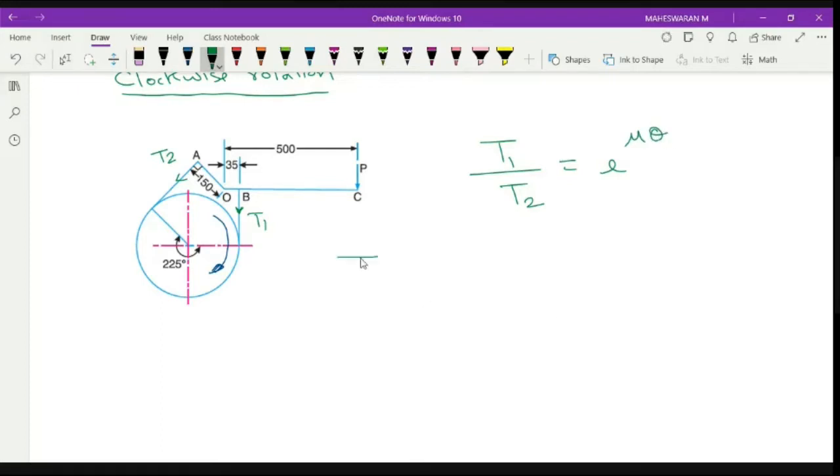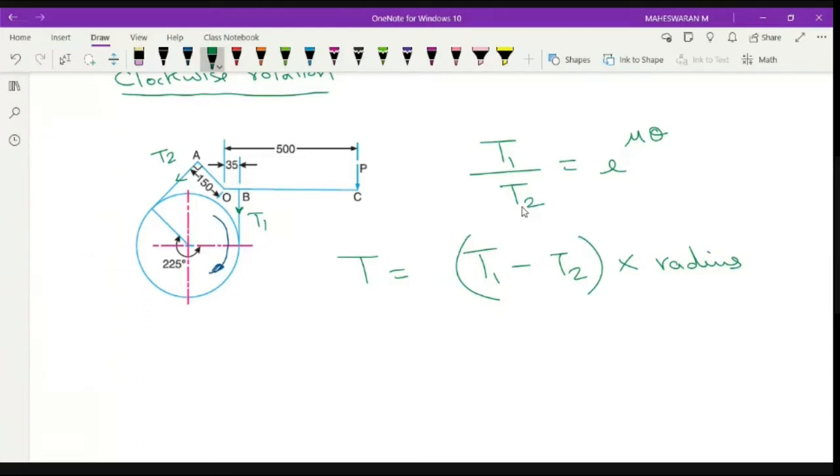Then I know torque is equal to T1 minus T2 into radius of the drum. These are the two formulas I can use to identify the values. So what are the equations you are getting in terms of these two?